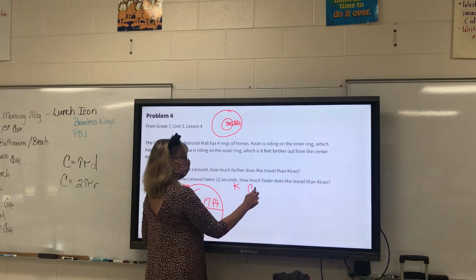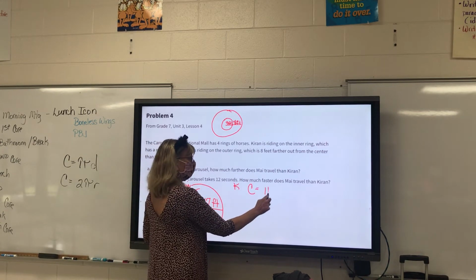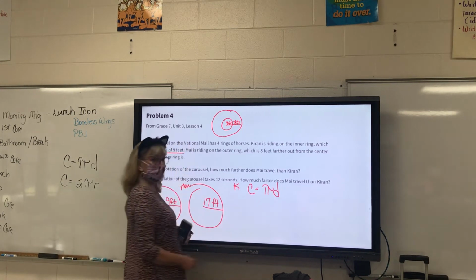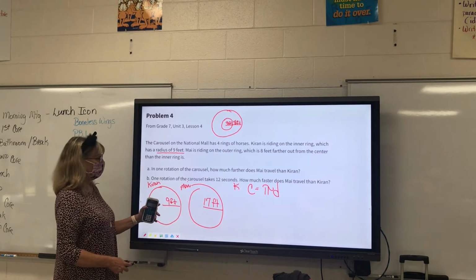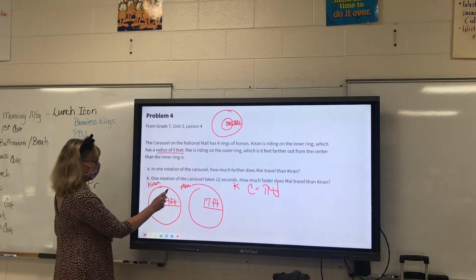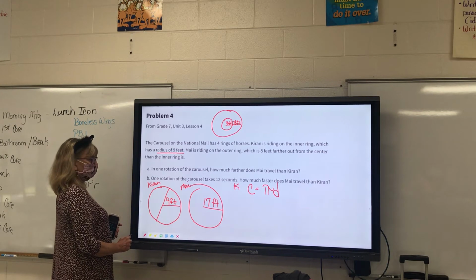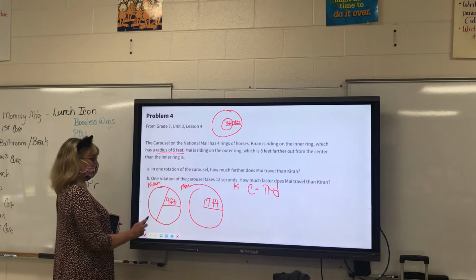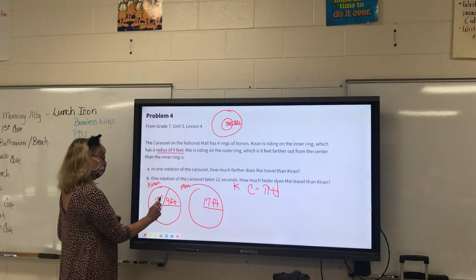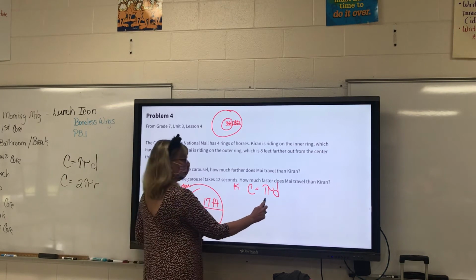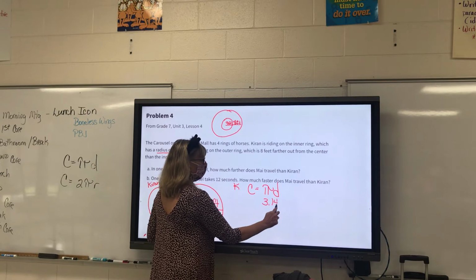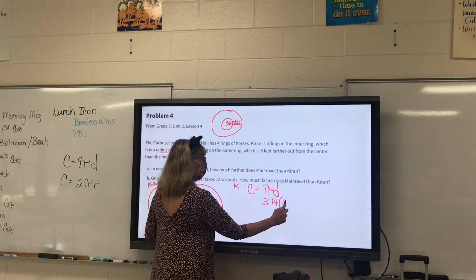The formula is pi d. Do we know d? No, but we can figure it out. What's her diameter? 18 feet. So we're going to take 3.14 times 18.